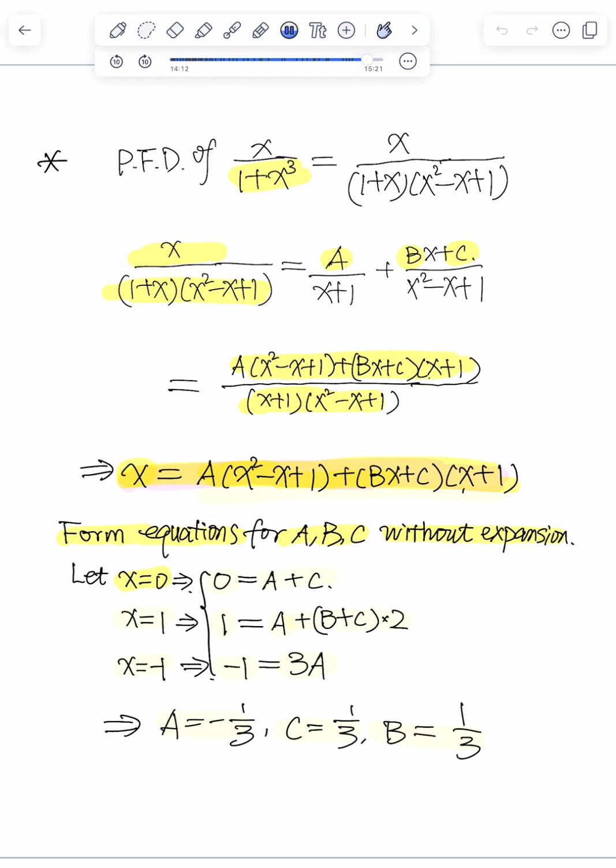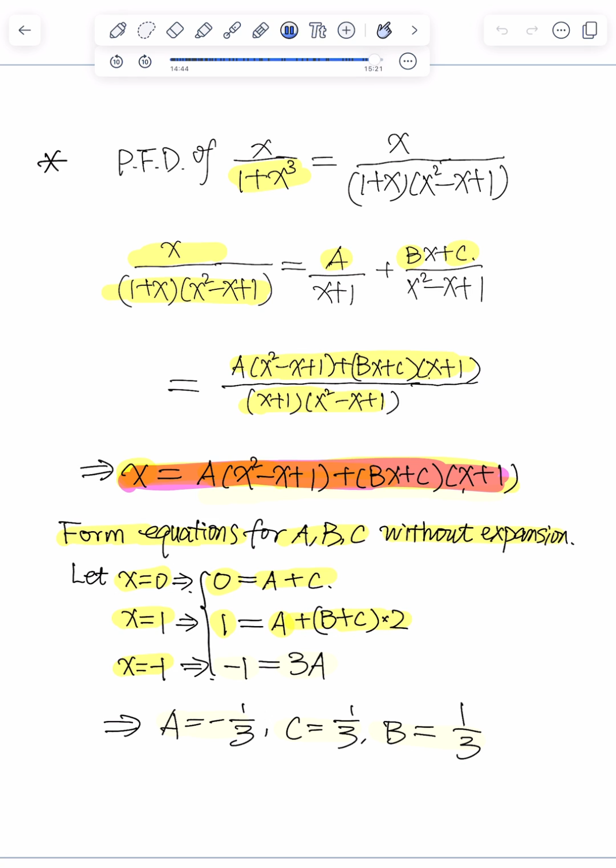If we let x equal 0 in this equation, you plug in 0 on both left and right, and you have 0 equals a plus c. Then you plug in x equals 1, you will have 1 equals a plus b plus c times 2 on the right.